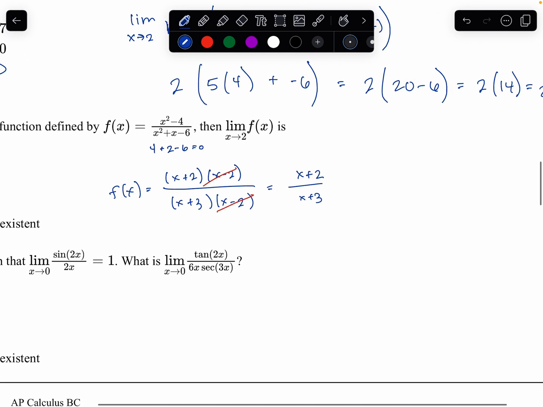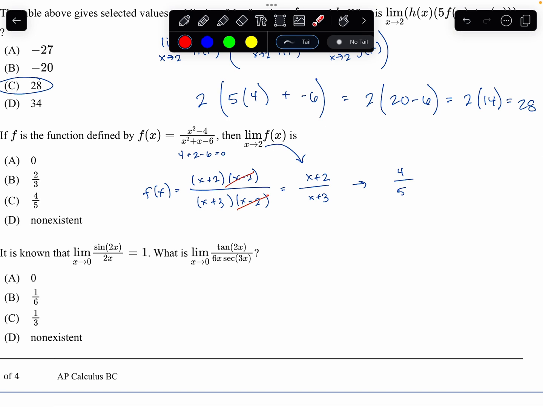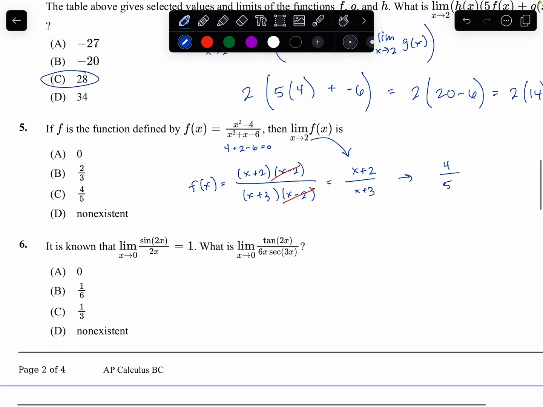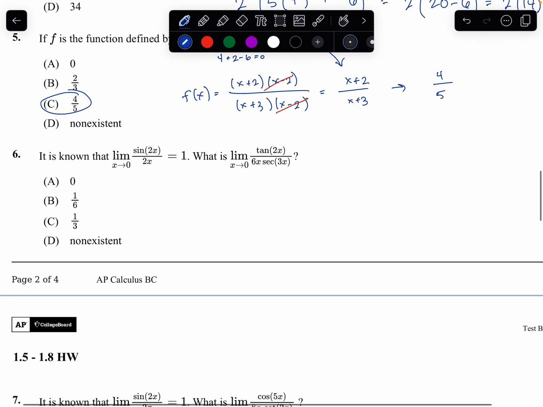So if I plug in 2 here, that's going to be 4 over 5. That's what the function would be if that hole wasn't there, and that's what the limit is going to be. So the limit is going to be 4/5. Also C. So all right, for 6.